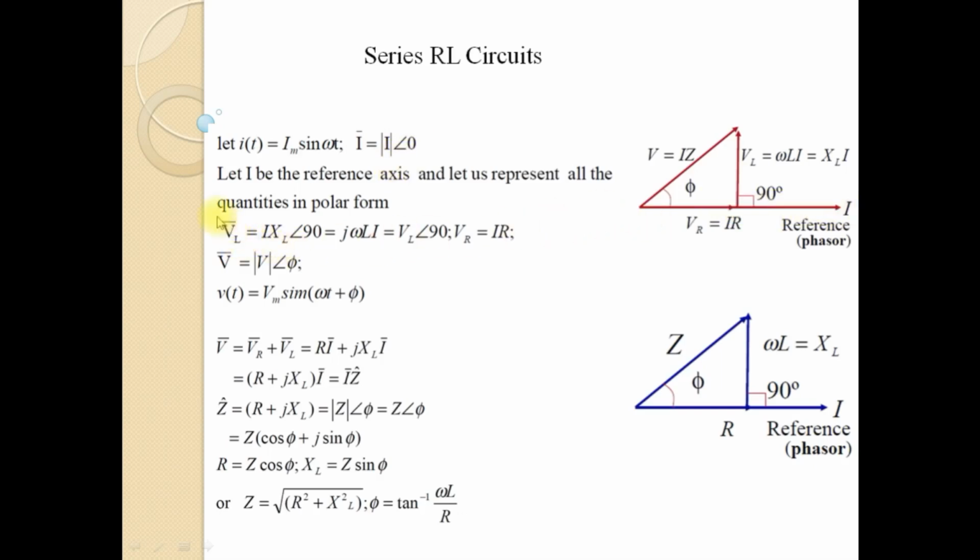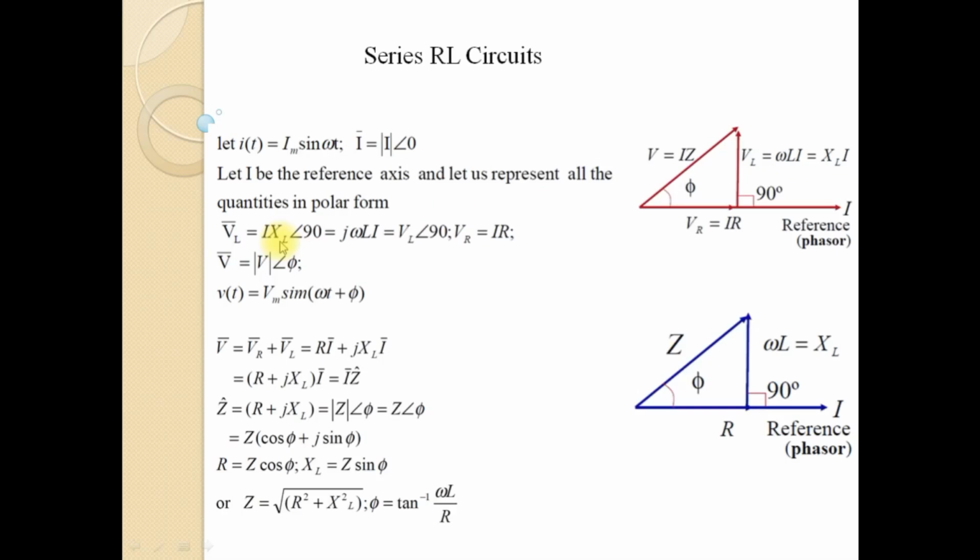And here we can see that the drop across the inductor is leading by an angle of 90 degrees. So it is represented as I XL, which is the magnitude of the drop, and this is the angle it is making with respect to the reference direction, leading by 90 degrees.